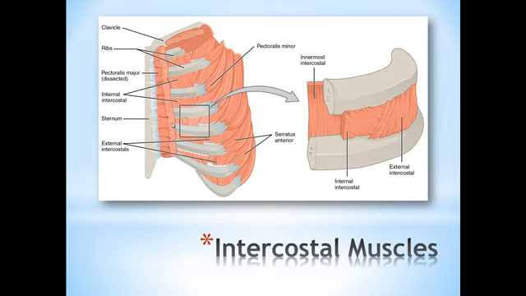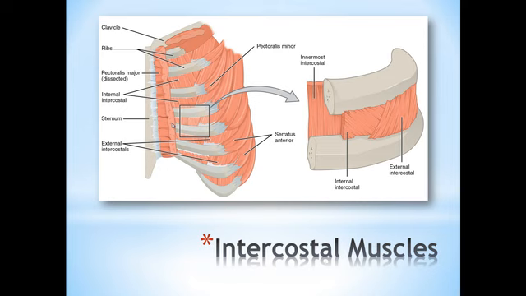So the internal and the external intercostals connect to the adjacent ribs, and they're named really according to their anatomic orientation and their location. So the internal intercostal muscles that arise from a ridge on the inner surface of ribs 1 through 11 insert into the superior border of the rib below.